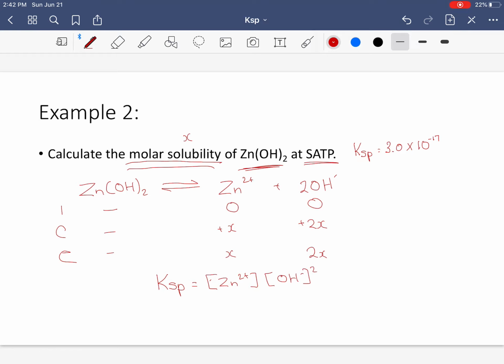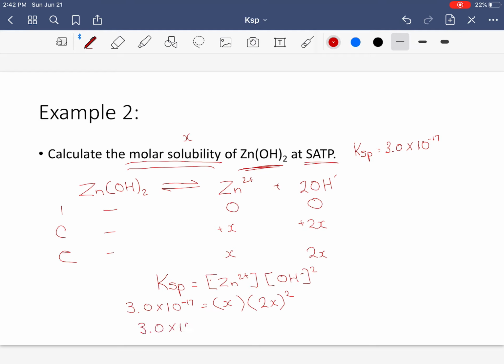By looking at the constant booklet, we already know what Ksp is. We know zinc is represented by x, which we want to find, and OH is represented by 2x. So hey, there you go. They're asking you to find molar solubility. Find x.